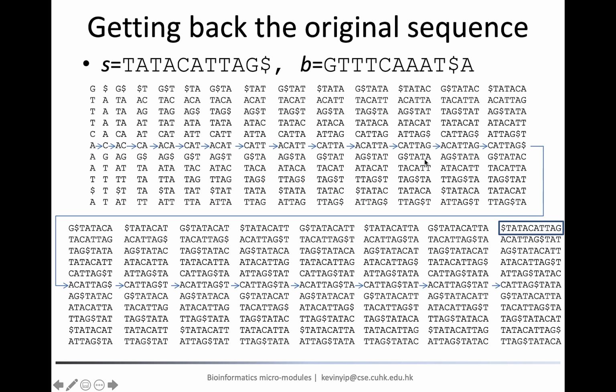Now we understand how this procedure works. But why does it work? The answer is that after we have inserted B as the first column and sort the matrix, we get exactly the first column of the sorted rotation matrix. Then when we insert B as a new first column and resort the matrix, we get exactly the first two columns of the sorted rotation matrix, and so on.